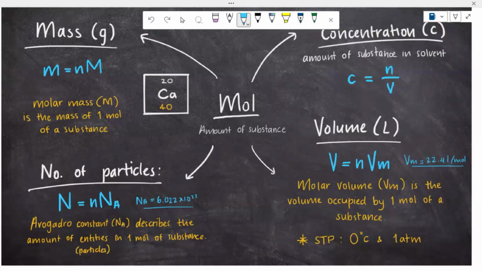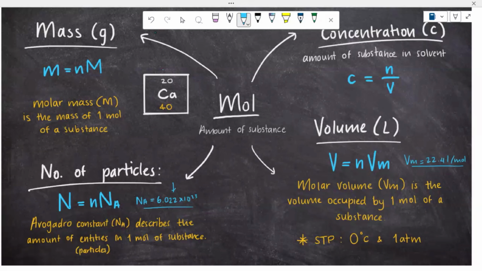And this is typically the amount of particles that you have in 1 mole of any substance. So when you're trying to find out the number of particles in X amount of moles, you just have to multiply the two numbers together to find the total number of particles within that substance.